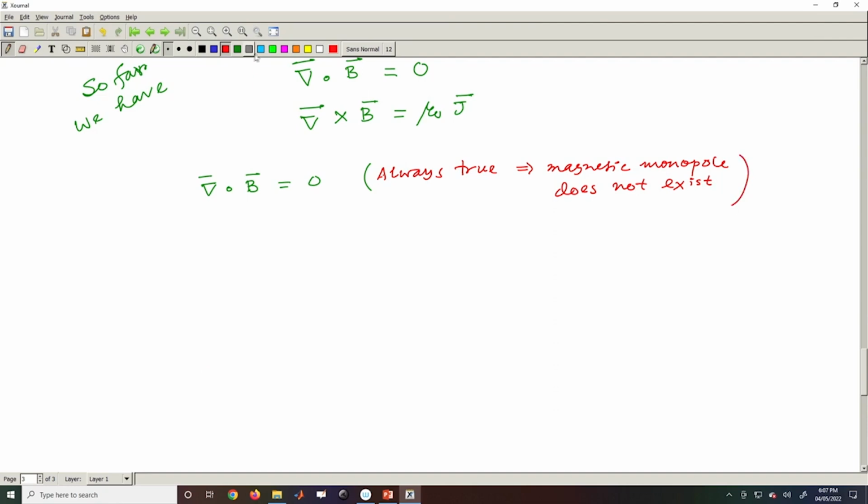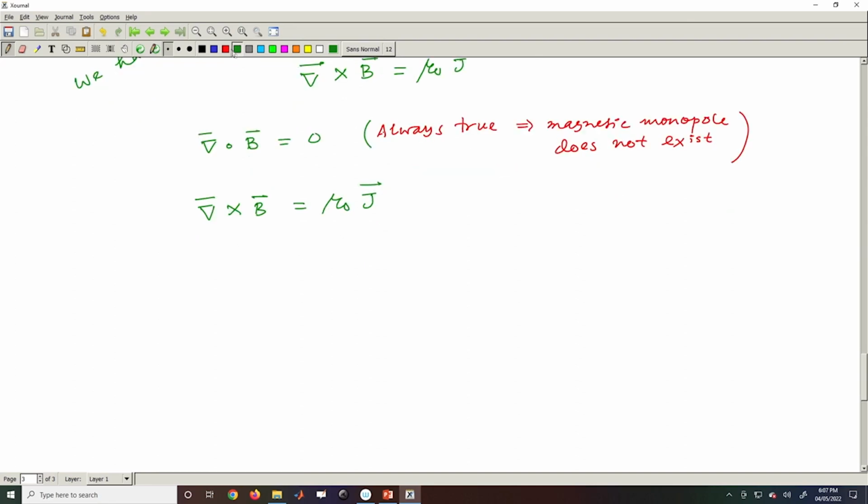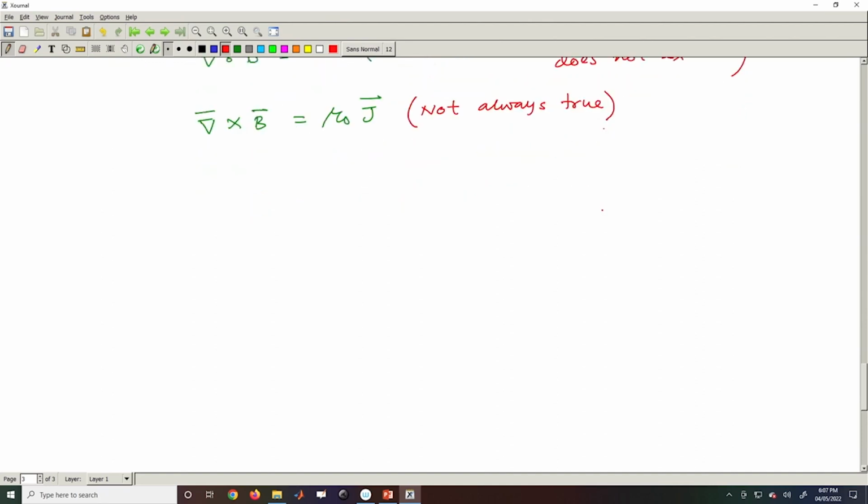Okay, but is this always true? Curl of B equal to mu 0 J, is this always true? The question and the answer I should write here is: not always true. This is Ampere's law, this is not always true.